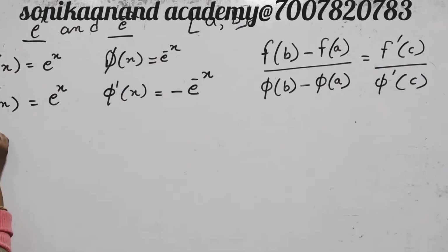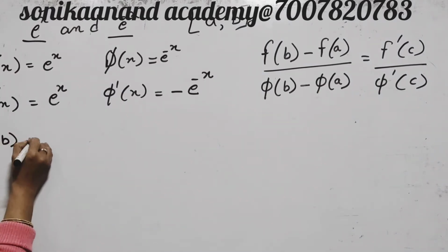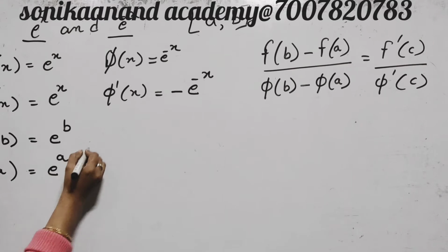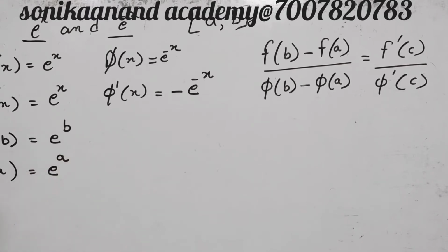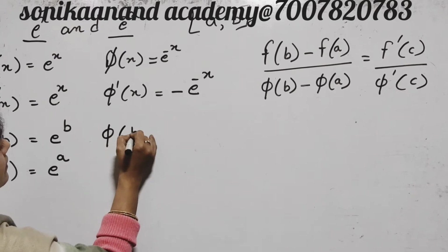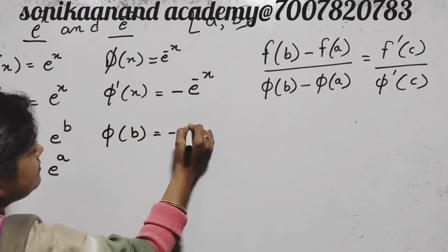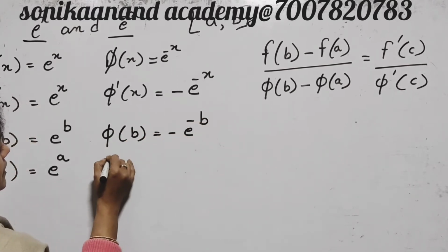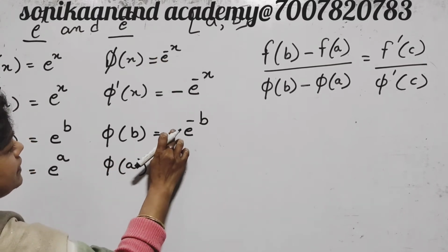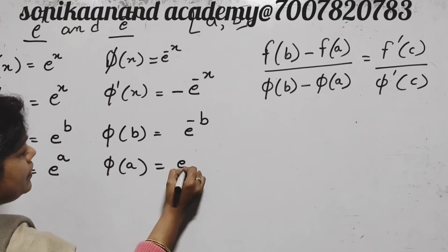So, f(b) is e to the power b. f(a) is e to the power a. Clear? Now, psi(b) is e to the power minus b. Psi(a) is e to the power minus a.